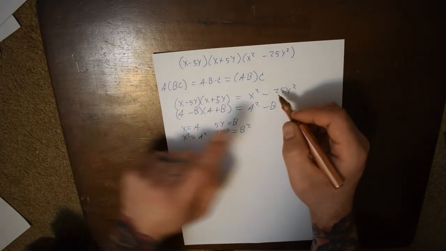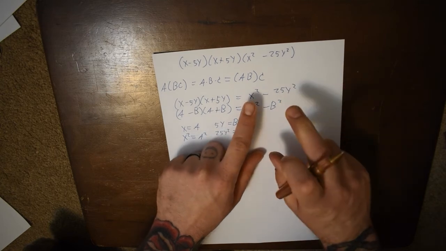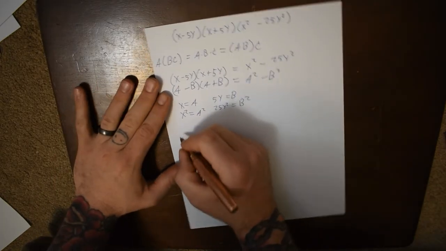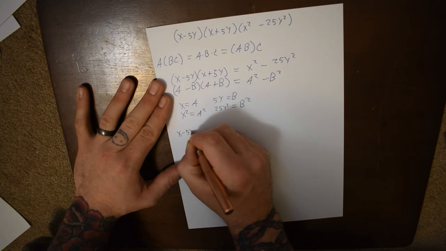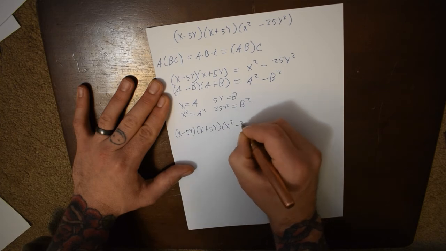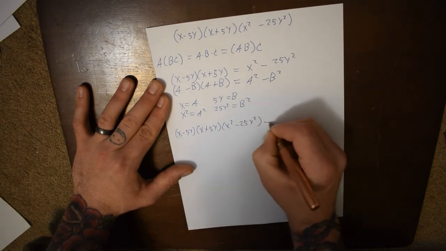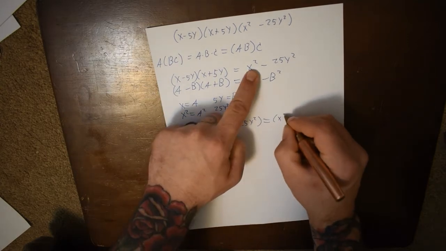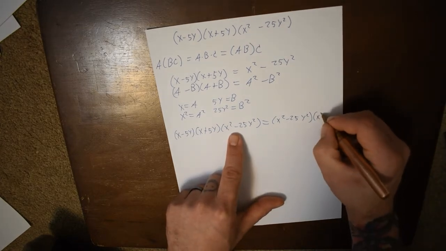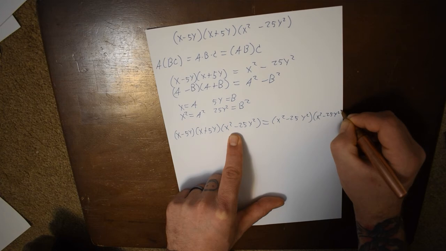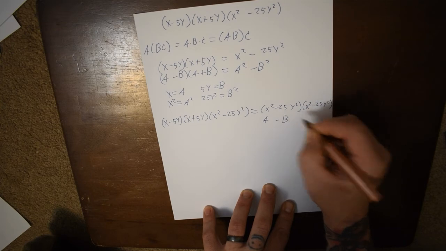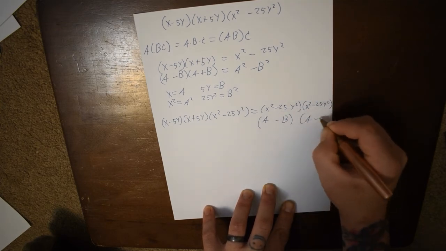So we can substitute this binomial in for the product of those two binomials. We've seen that x minus 5y times x plus 5y times x squared minus 25y squared is equal to x squared minus 25y squared times another x squared minus 25y squared, which is a minus b times an a minus b.